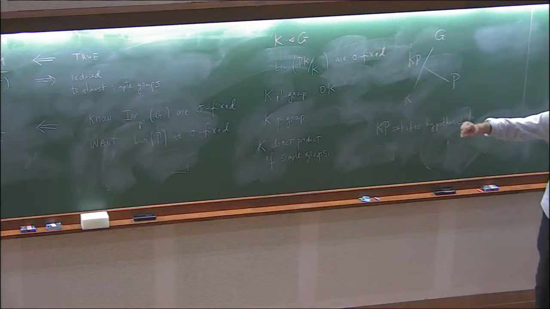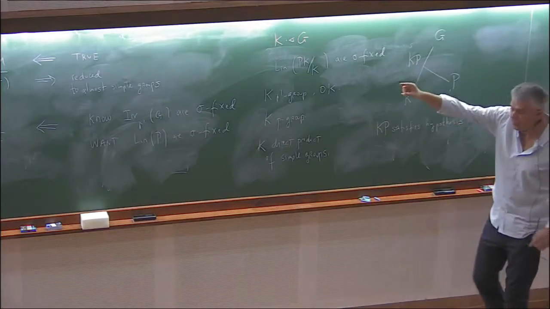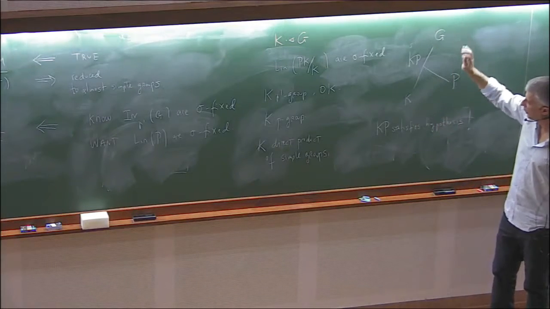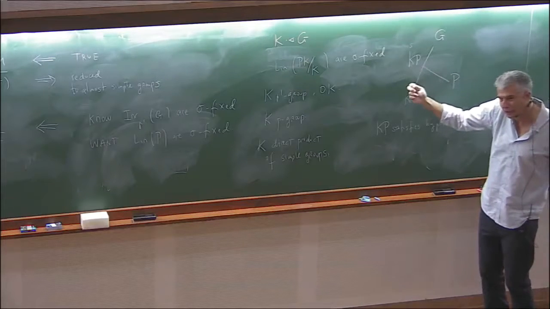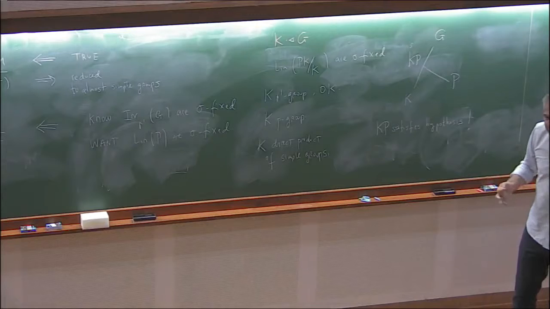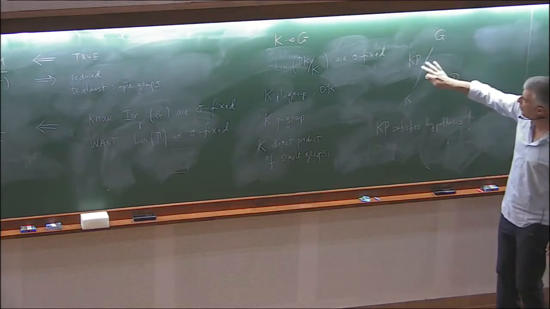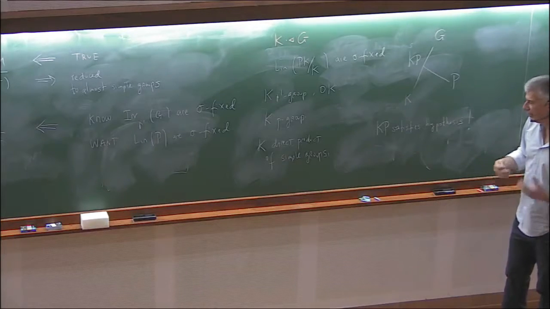Because I have to believe in my conjecture. If my conjecture is true, it goes both ways. So if my conjecture is true, G will know about P, and P will know about Kp. So Kp will have the same condition again. Once you believe in your conjecture, then it's a matter of technicalities, how to go from here to here. It's not easy, but with character theory you can do it.